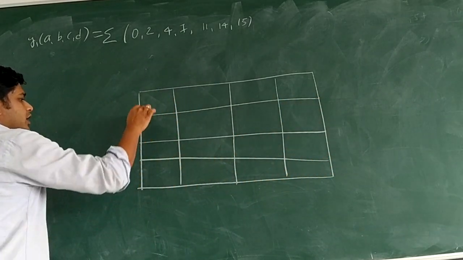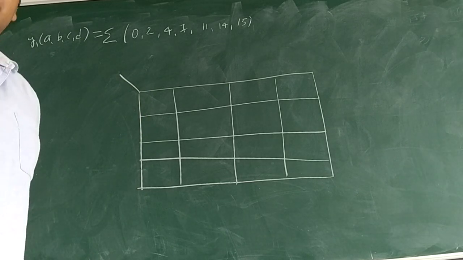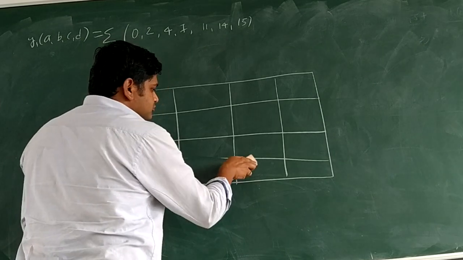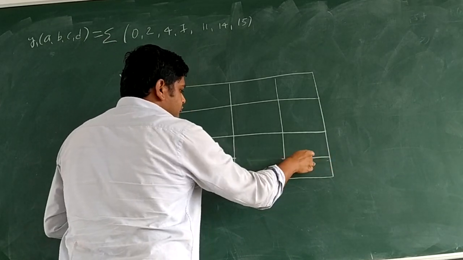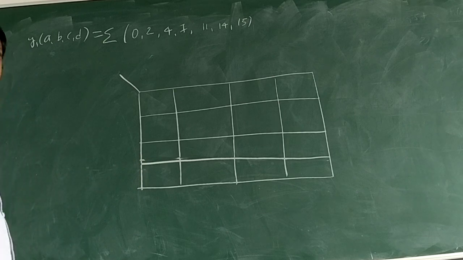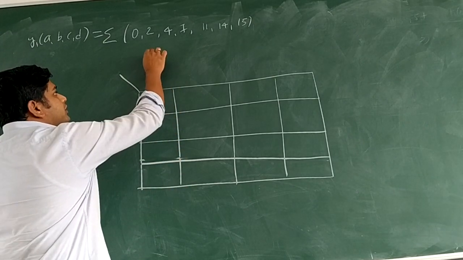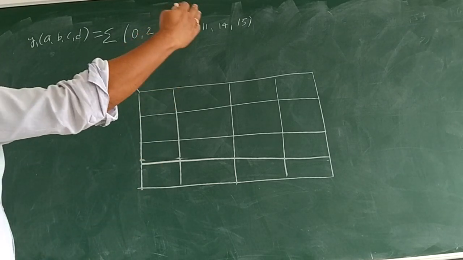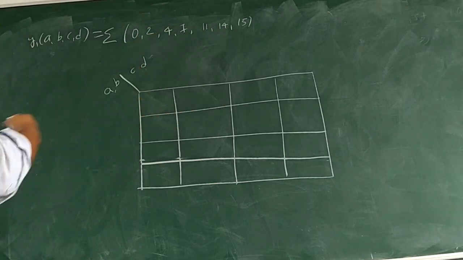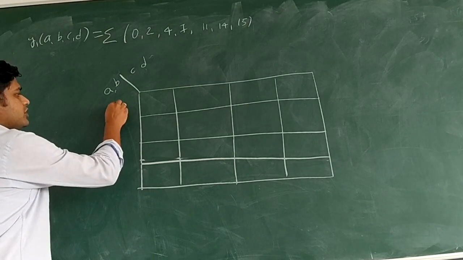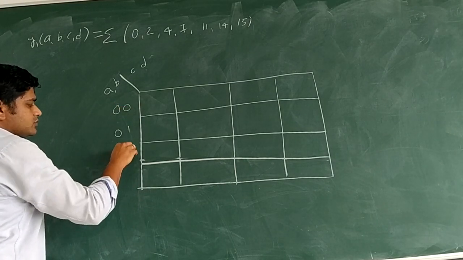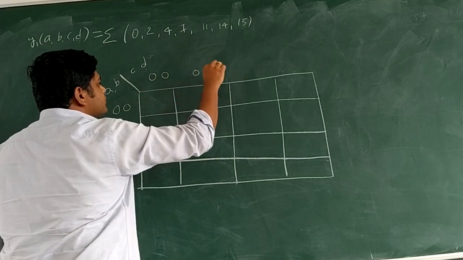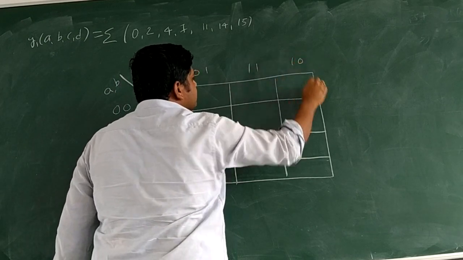The numbering we have discussed in the previous session, so I repeat: D, C column wise, B and A row wise. This row is 0, 0, 0, 1, 1, 1, 1, 0. These columns are 0, 0, 0, 1, 1, 1, 1, 0.